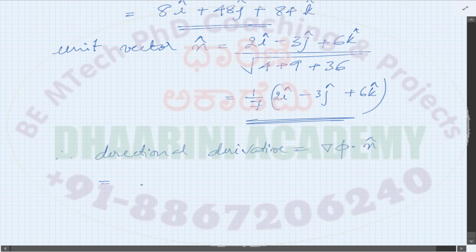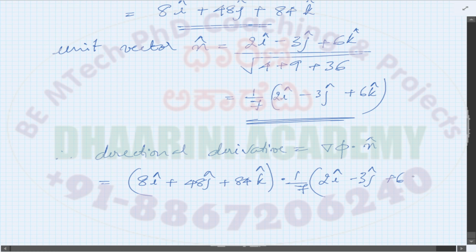Del phi is 8i plus 48j plus 84k cap, dot 1 by 7 times 2i minus 3j plus 6k cap.